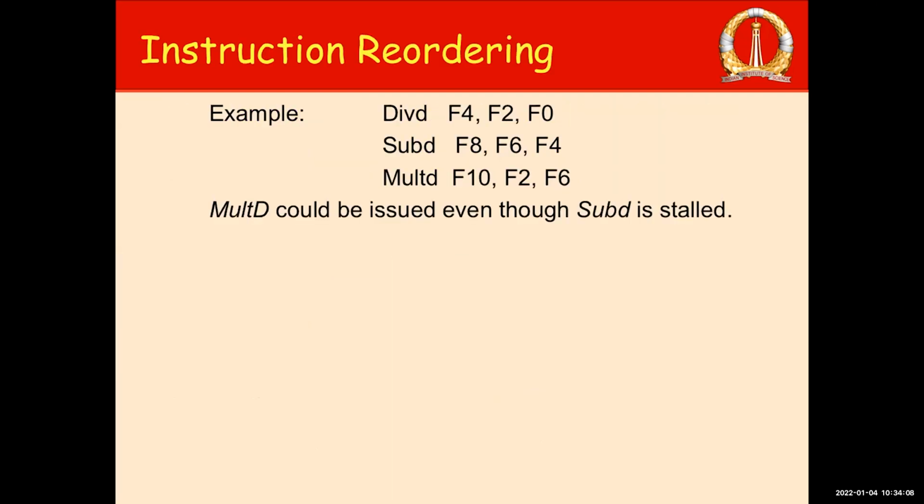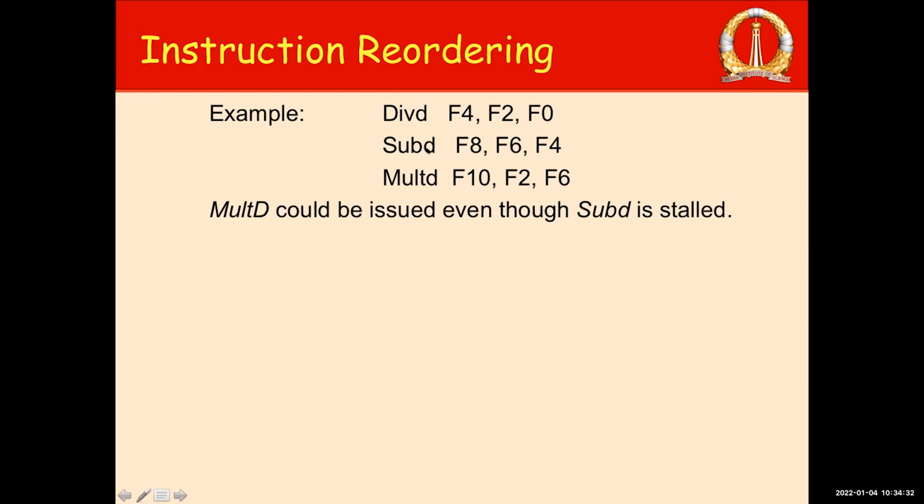Okay, now let's look at an important aspect of out of order issue, and let's talk about why it is important. Let's assume a sequence of instructions like this one, where you have a divide instruction which writes a result value in the F4 register, and that's actually a source operand for the subtract instruction.